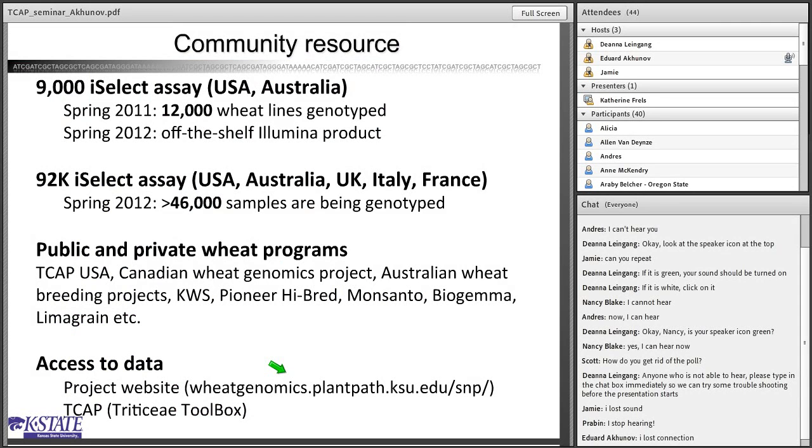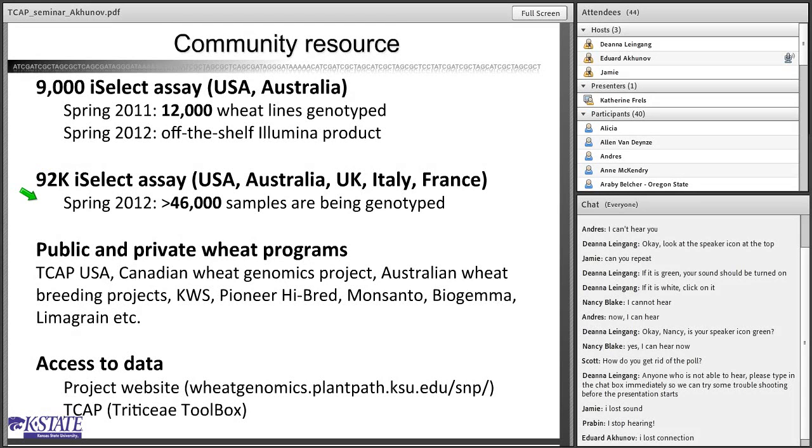But currently we finished designing a 92,000 SNP iSelect assay that was designed in collaboration between the US, Australia, UK, Italy, and France, and currently the total number of samples that are submitted for genotyping worldwide is more than 46,000 wheat accessions, and they will be genotyped during this spring, summer, and fall of 2012.